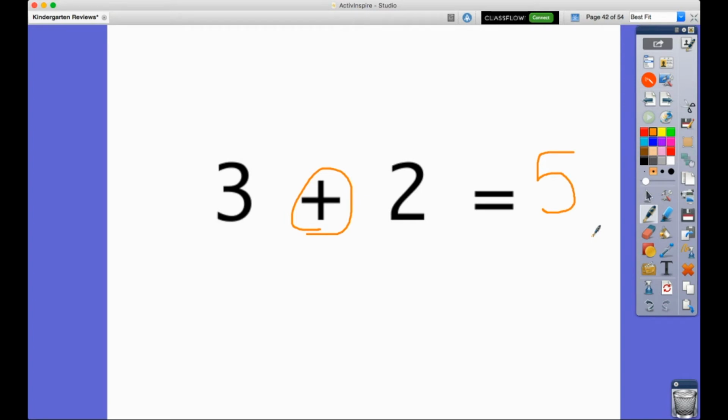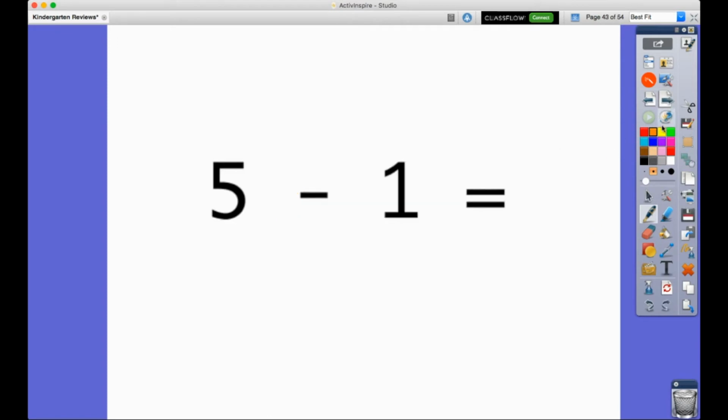Did anyone need to draw a picture and count the pictures? Raise your hand. Okay, so 3 plus 2 equals 5. That's something that, again, we're going to keep working on till you just know that by memory, or you know that in your head.